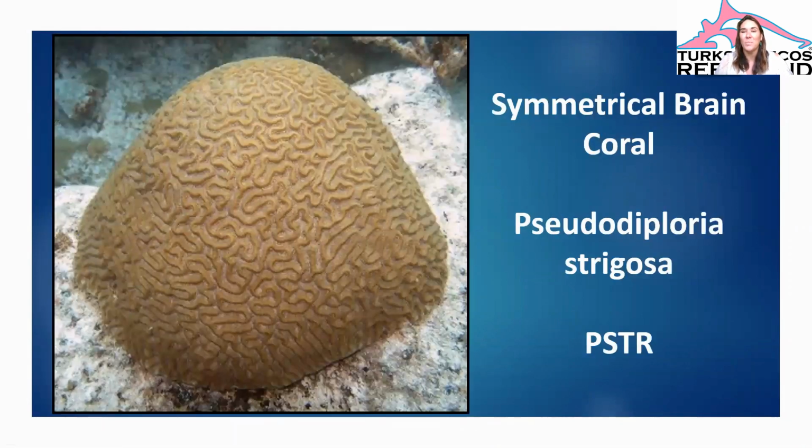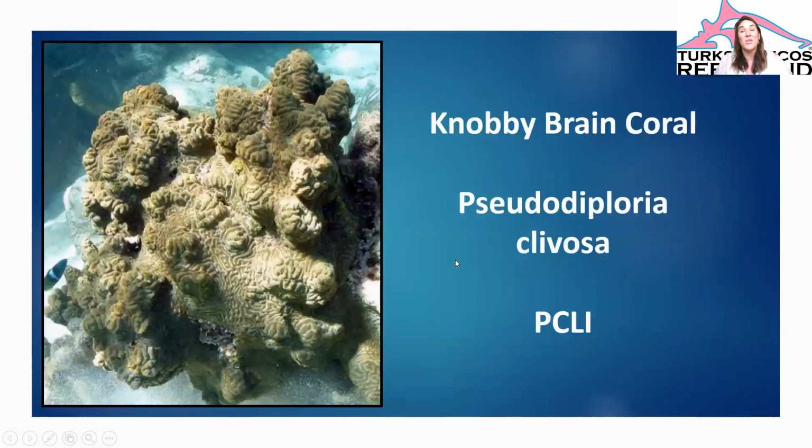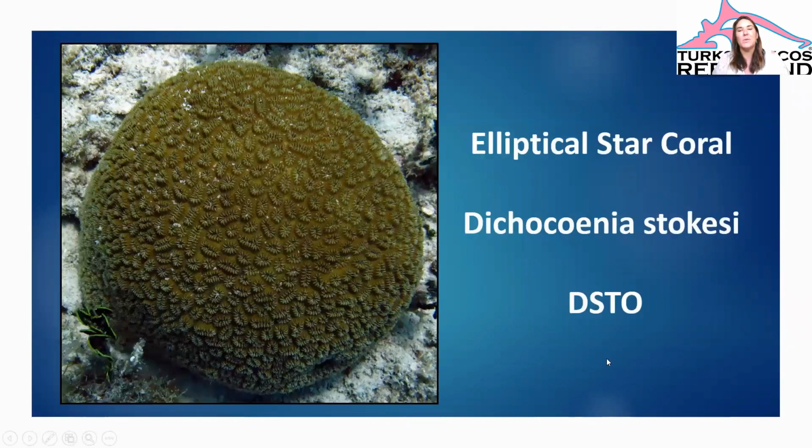Symmetrical brain coral, Pseudodiploria strigosa, PSTR. The knobby brain coral, pretty easy to identify, I'd say. Pseudodiploria clivosa, PCLI. Elliptical star coral, Dichocoenia stokesii, DSTO.